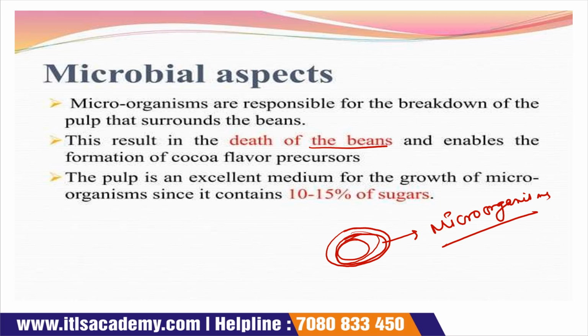The pulp is an excellent medium for the growth of microorganisms because it contains 10 to 50% sugar. That's why it is a good source for the growth of microorganisms.